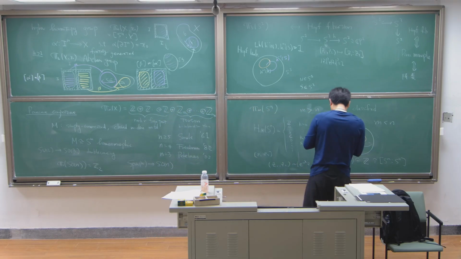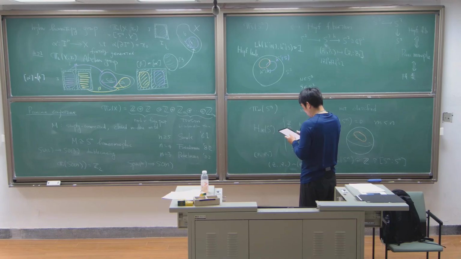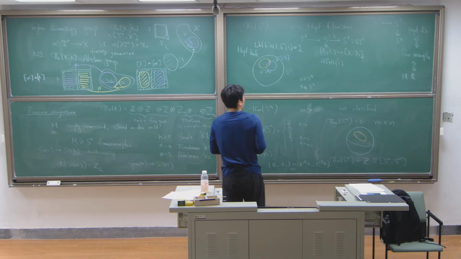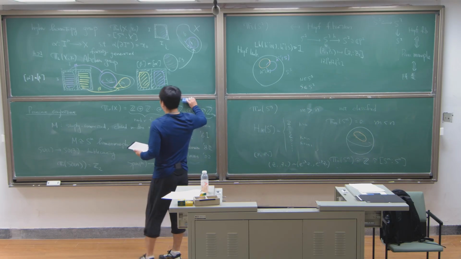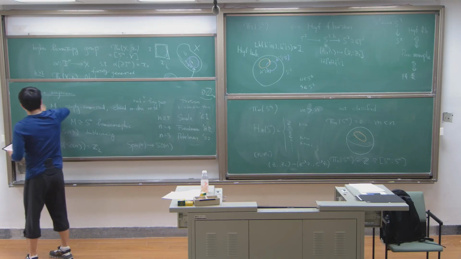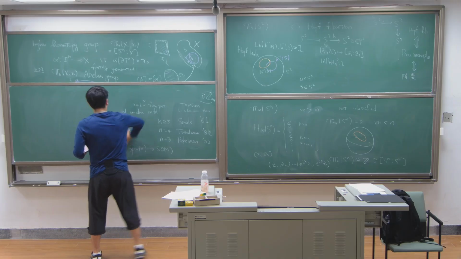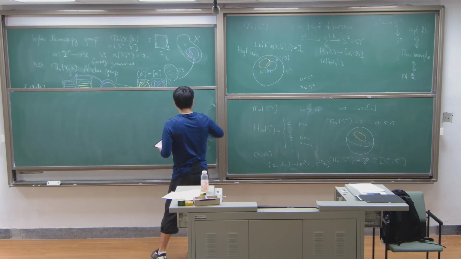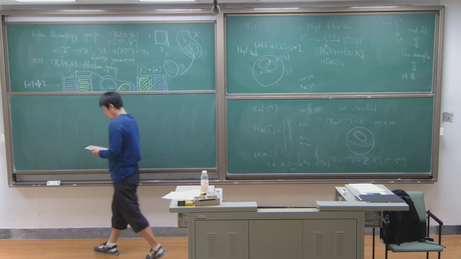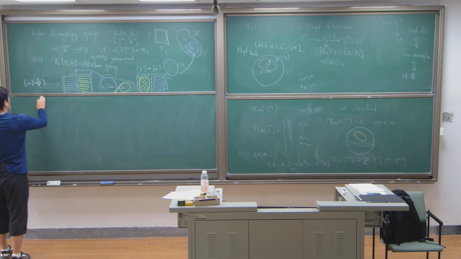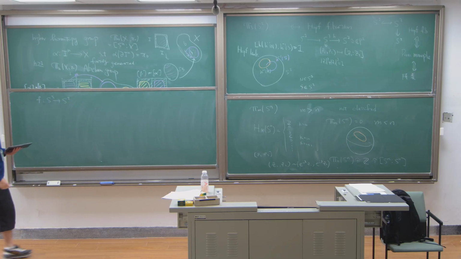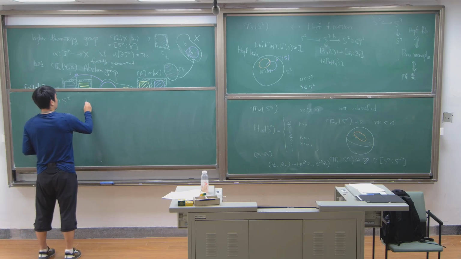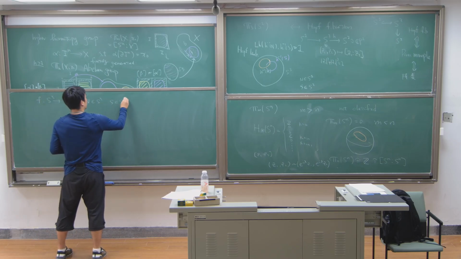Likewise, if you have a map F from S3 to S2, pick two points, the north pole and the south pole in S2, and look at the preimage.